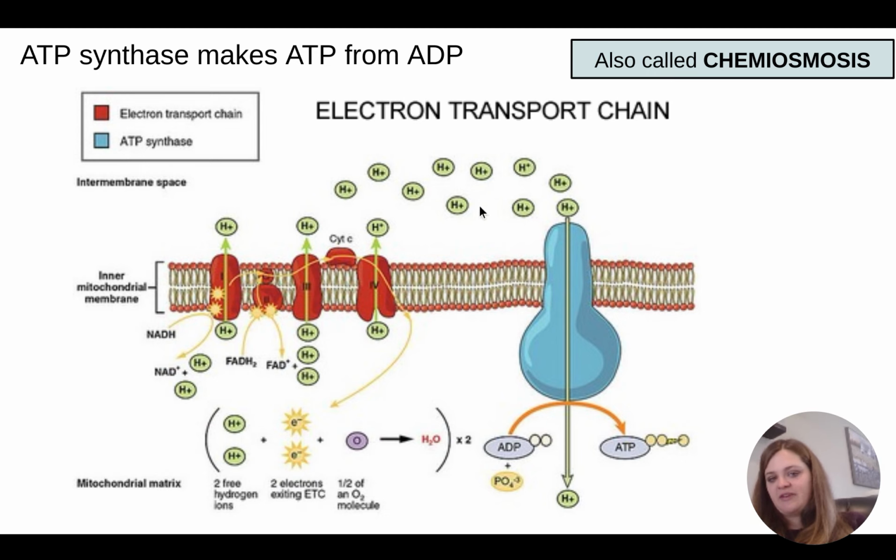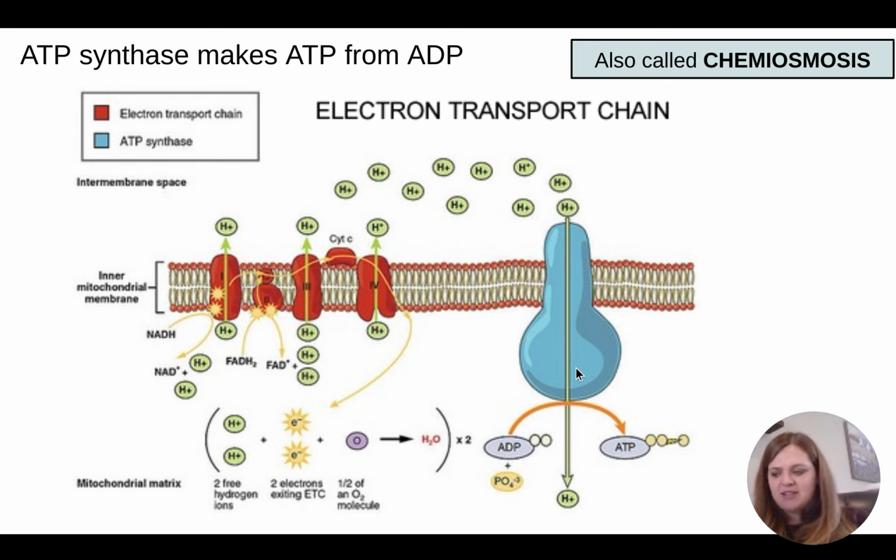So we have a bunch of hydrogens out here now, and we're going to push them back through this protein over here. We call this one ATP synthase. You can see it in the little key over here. So we've transported all those electrons, then we're going to shoot everything through this protein here.